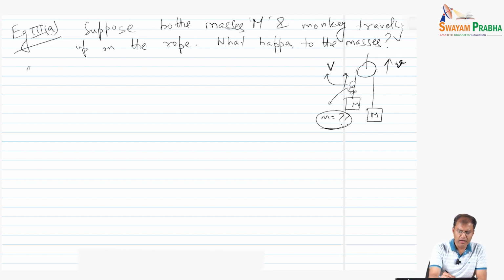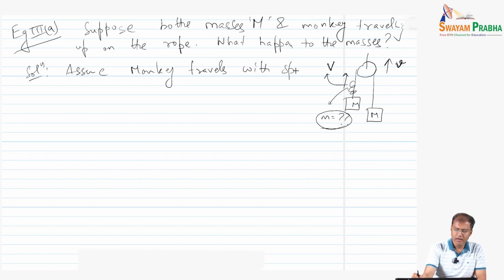So let us assume that the monkey travels with speed capital V with respect to some fixed frame or inertial frame, okay, and the pulley moves up.